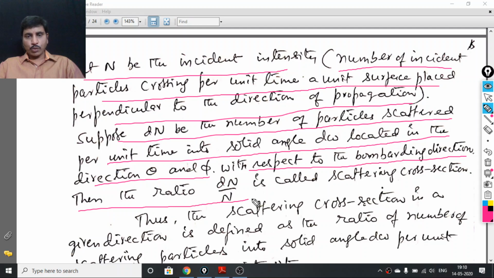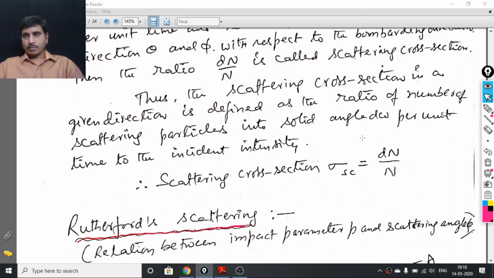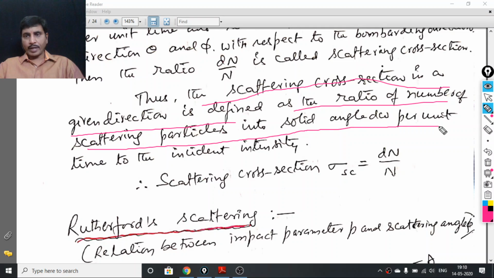Then the ratio dn by n is called scattering cross section. Thus, the scattering cross section in a given direction is defined as the ratio of the number of scattering particles into solid angle d omega per unit time to the incident density, that is scattering cross section sigma sc is equal to dn by n.